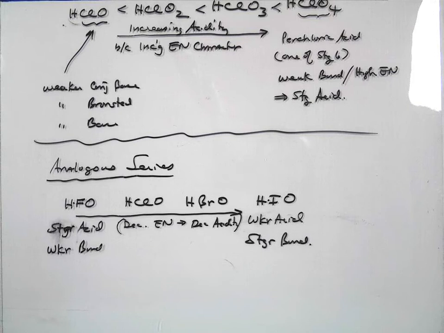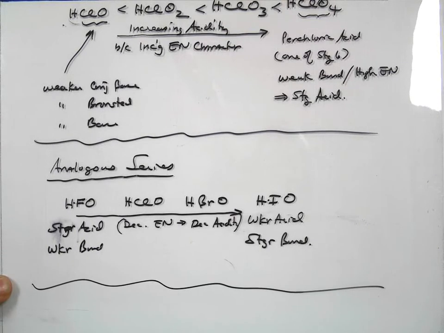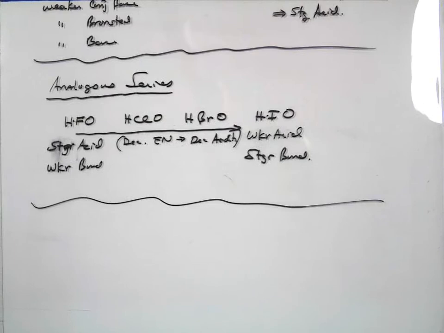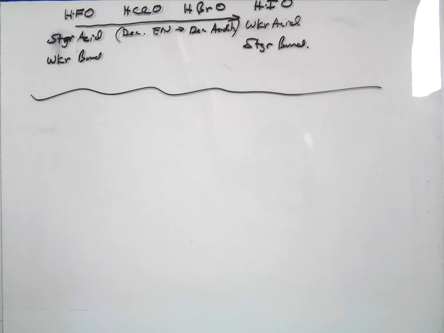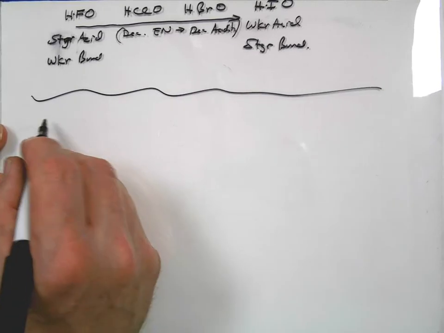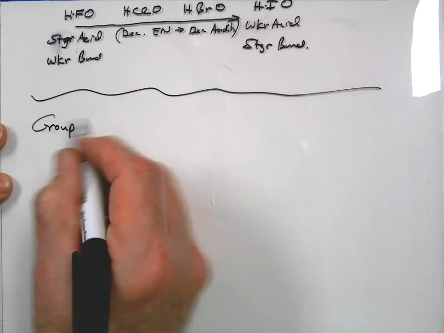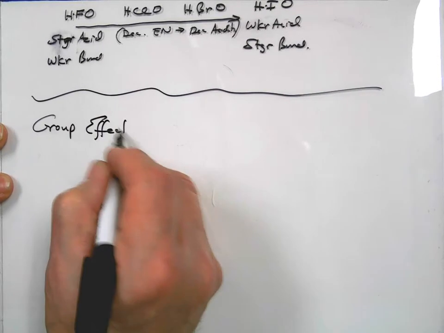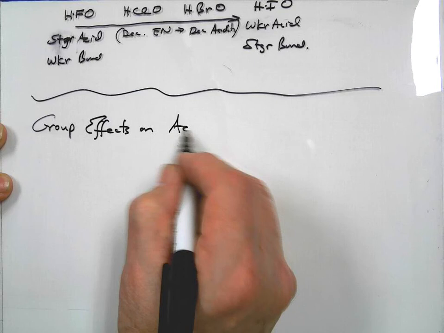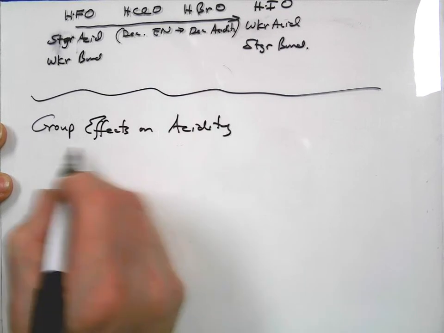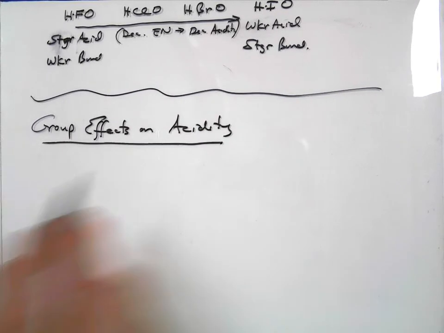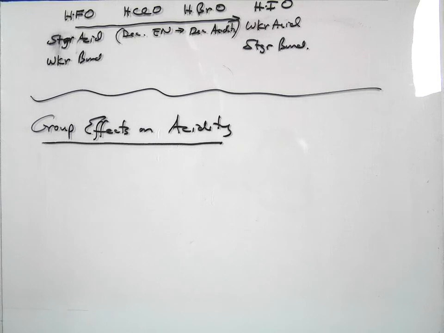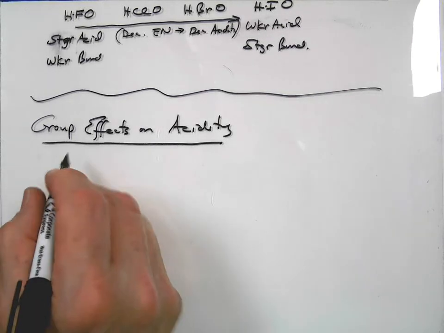Oxoacid environments are dependent on the electronegative characteristics. However, if you have a binary group consideration, series or group effect on acidity, group effects on acidity depend on size of the central element.